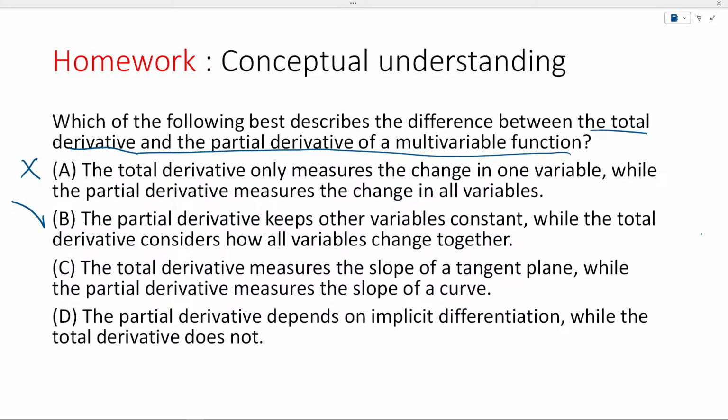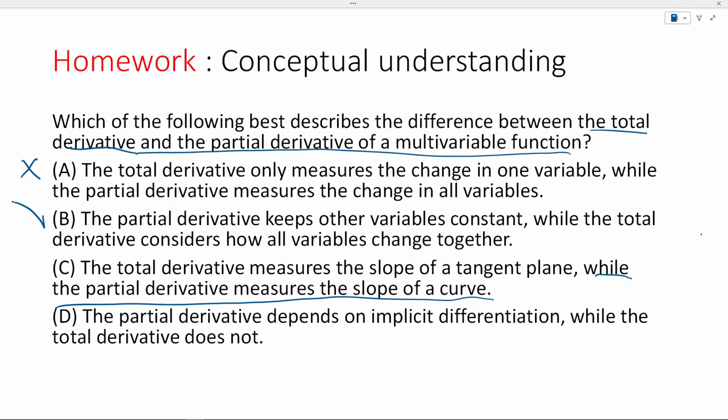Let's look at this one. Total derivative measures the slope of a tangent plane. Oh, that is a little bit tricky. While partial derivative measures the slope of a curve. This is true, the partial derivative will measure the slope of a curve.